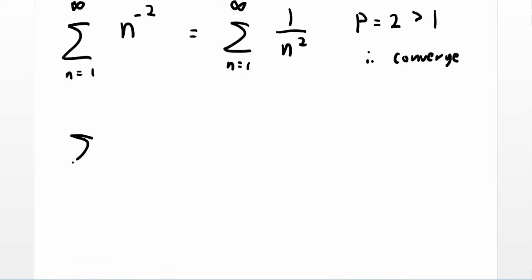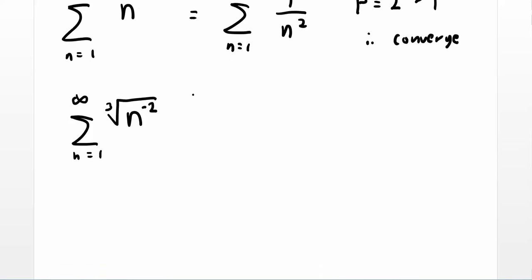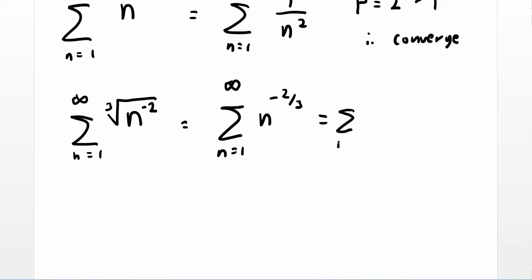Let's look at another example. Cube root of n to the negative second. This can be rewritten as n to the negative 2/3, which can be rewritten. Remember, we're looking for 1 over n to the p.